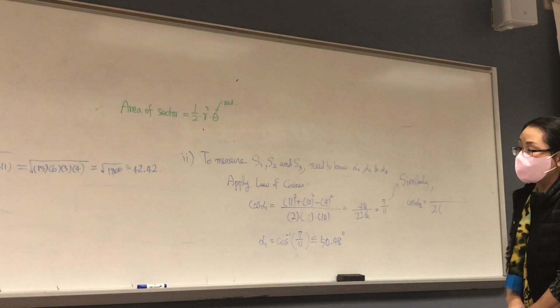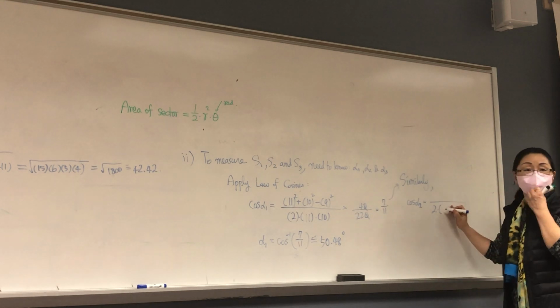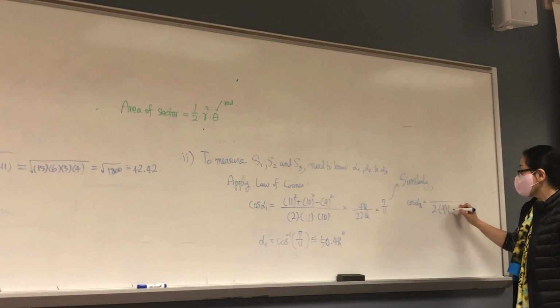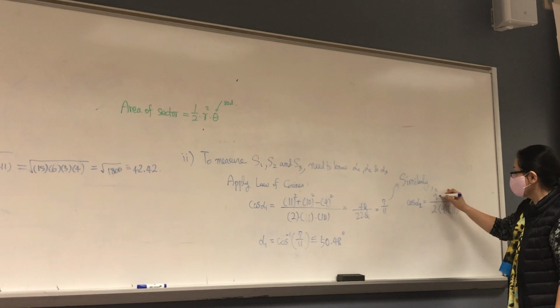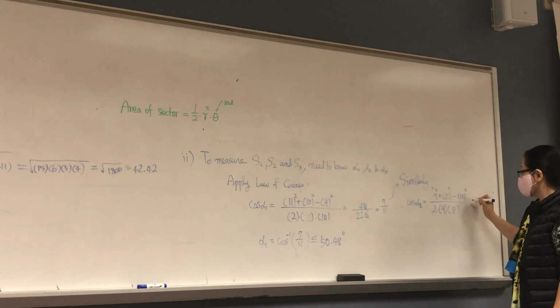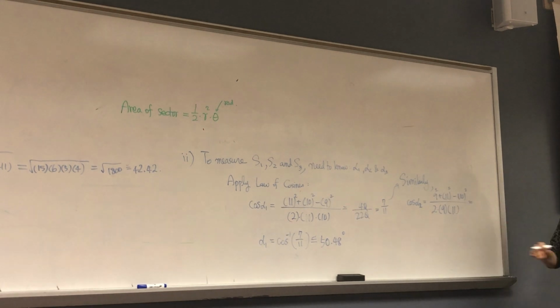Alpha 2. 9 times? Good. So 9 squared, 11 squared, minus 10 squared. Am I right? What is it? 102 over 198.